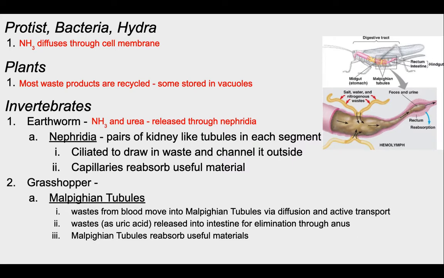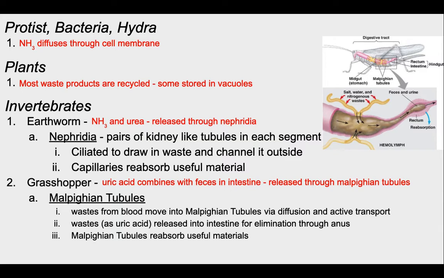In insects such as the grasshopper, Malpighian tubules are used for excretion, and the waste products are turned into uric acid, which is then removed through the intestine along with feces.